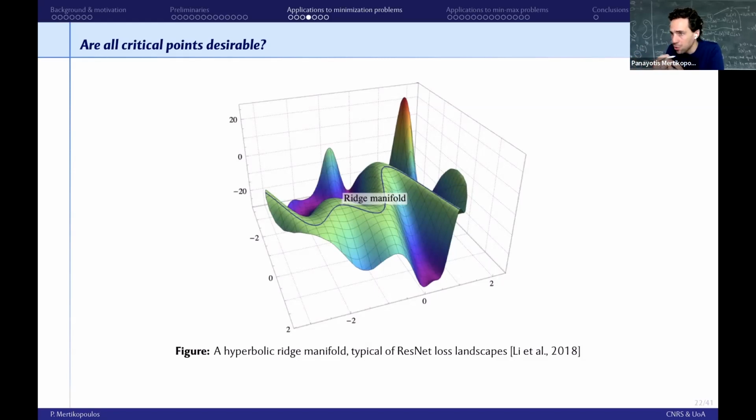We would like to be able to say with certainty that we are not getting trapped in this type of traps, in this type of saddle points, in this type of non-desirable spurious critical points.